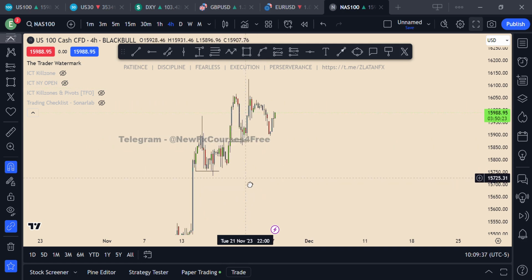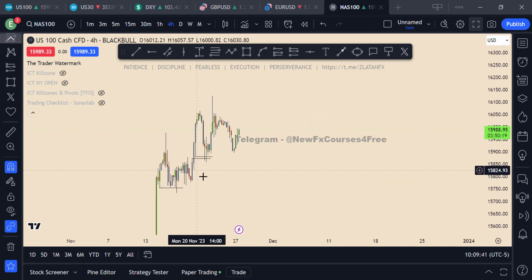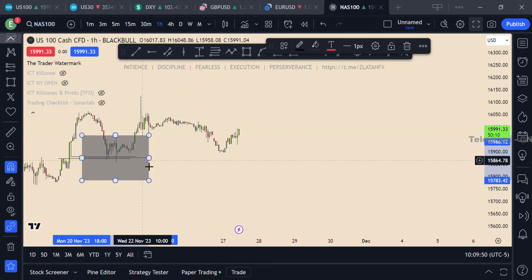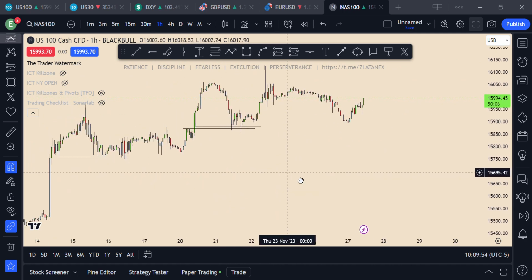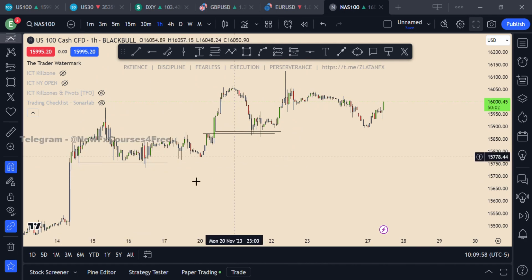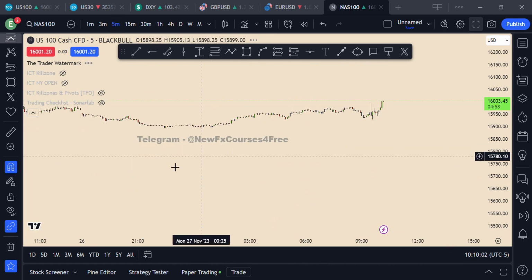So firstly, let's look at this area right here. That's a fair value gap. And yep. Let's look at this area. Let's go to 5 minutes.